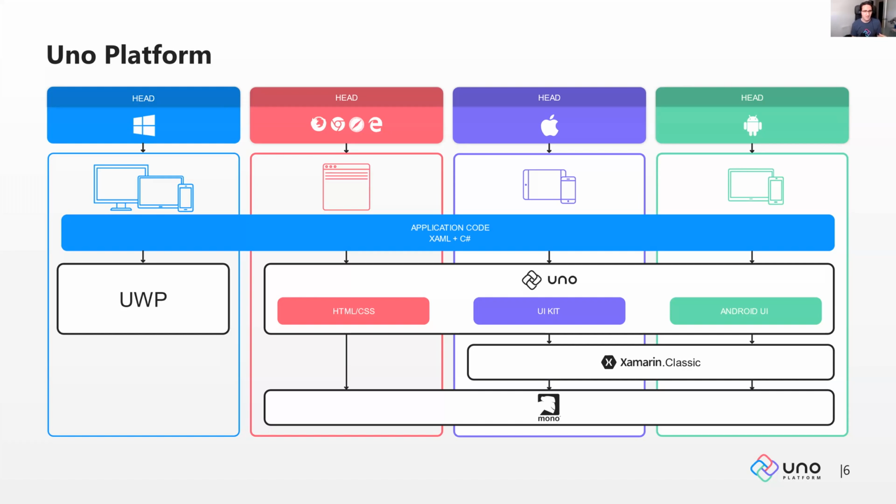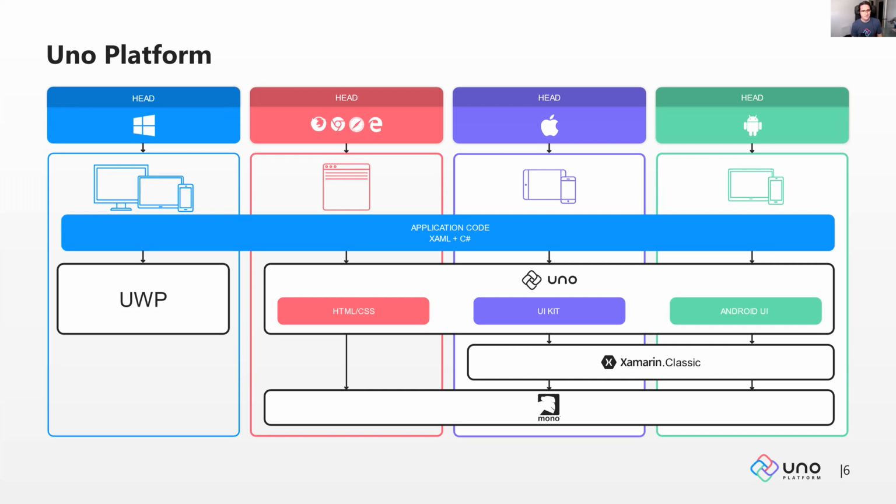So we're taking your visual elements and outputting HTML and CSS that you don't see, but that are there. When you're on iOS, we're using UIKit underneath, and for Android, we're using Android UI. And underneath, we have either Mono or .NET 5 now, and Xamarin Classic, depending on the target. So that's how we're working.